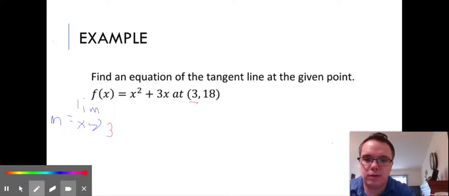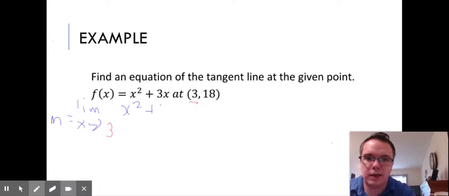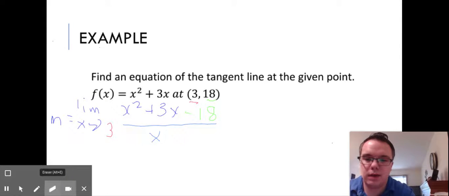And then we're going to plug in our equation, so x squared plus 3x. And then our y value, which is 18, so subtract 18 and put it over x minus, again, that x value.